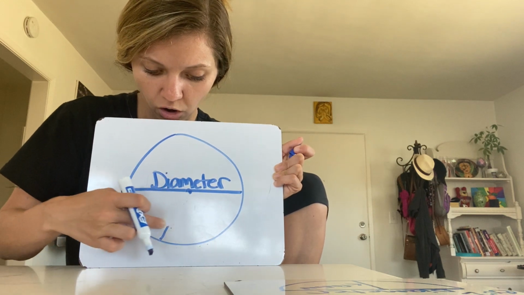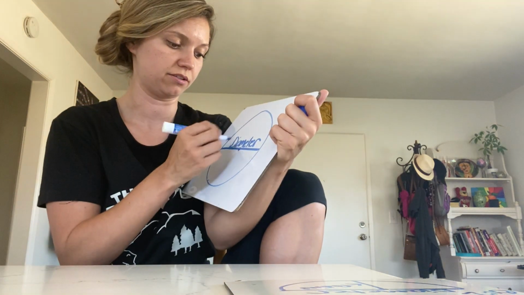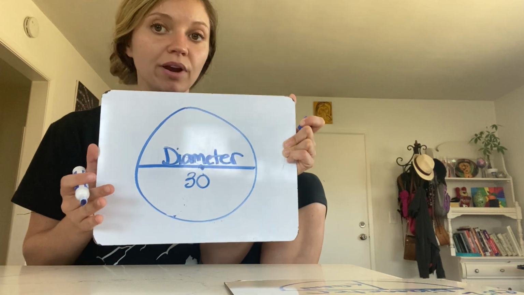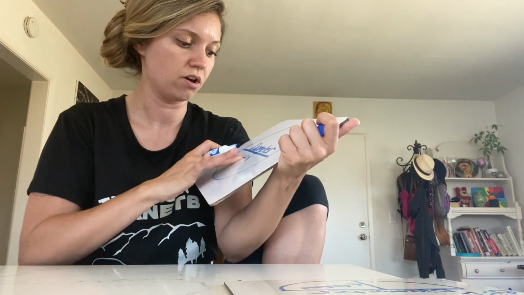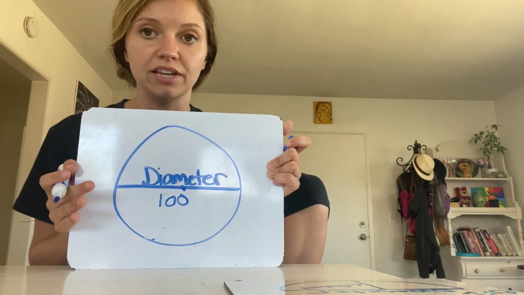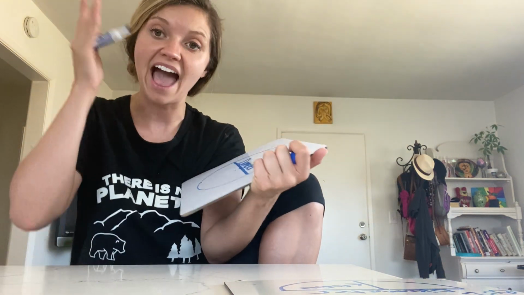The radius is always exactly half of the diameter. So if this diameter is 30 across, what would the radius be? 15, because that's half of 30. What if the diameter was 100 across? What would the radius be? 50. Yes, you got it, because that's half.